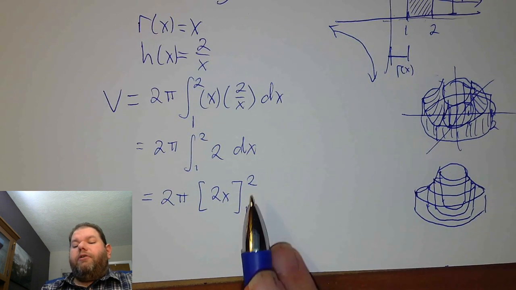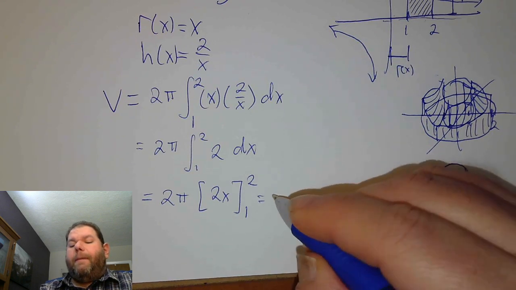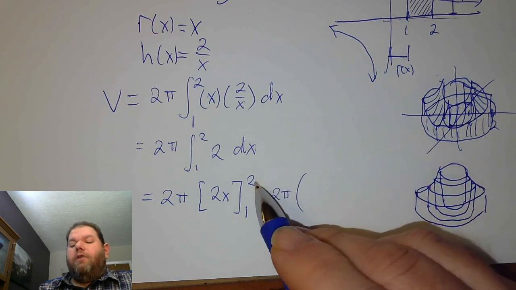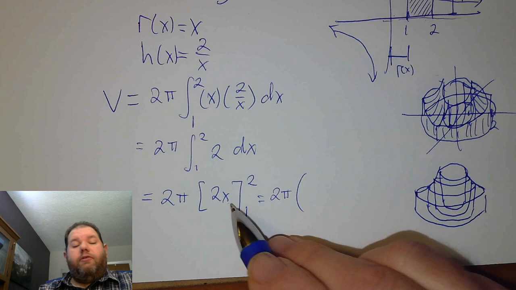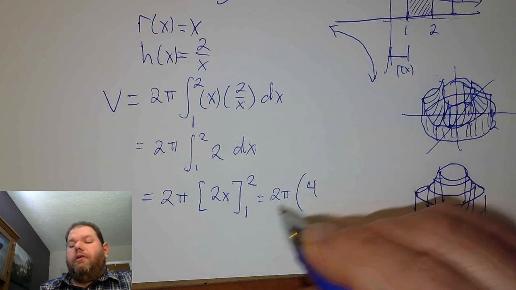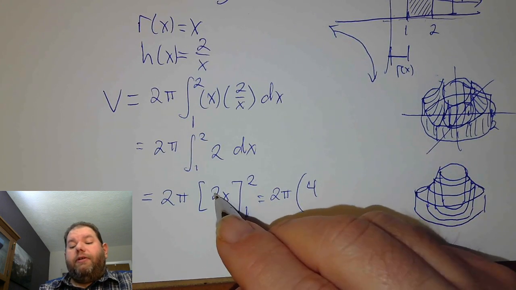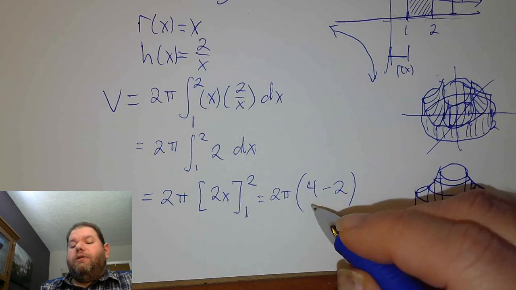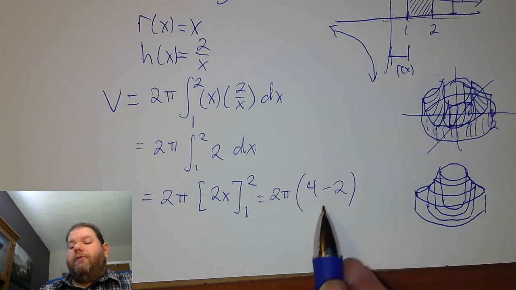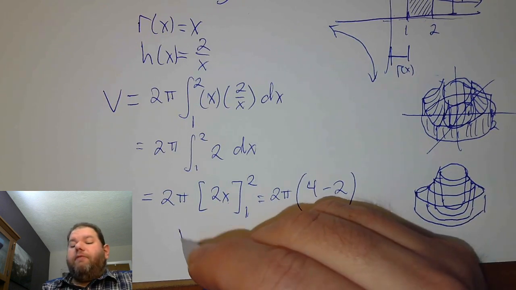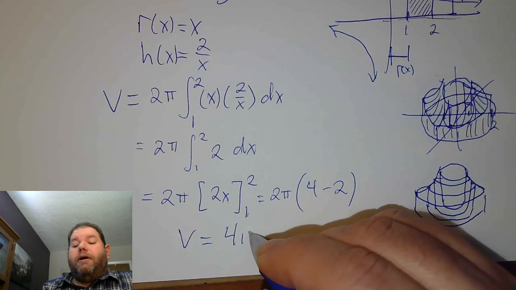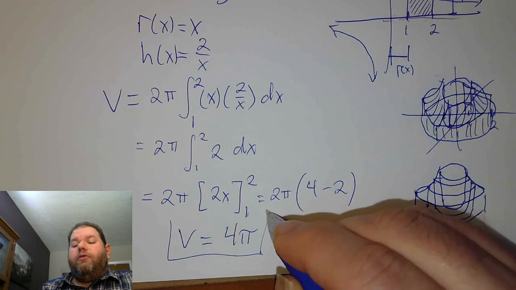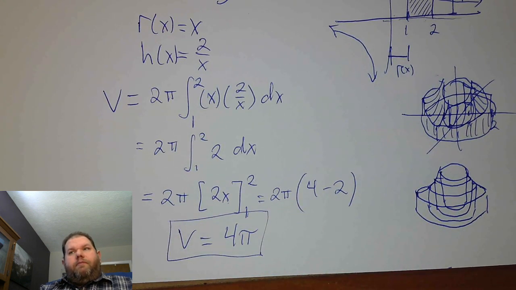And then if we plug in our limits, x equals 2, we get 2 times 2 is 4. x equals 1, 2 times 1 is 2. Those are subtracted. So we end up with 2 pi times 2, which means we have a volume of 4 pi for the resulting object of revolution.